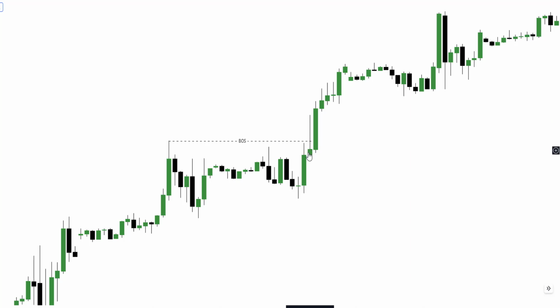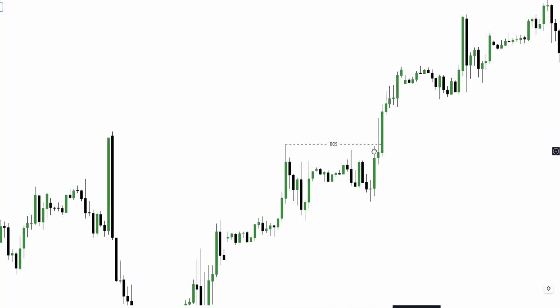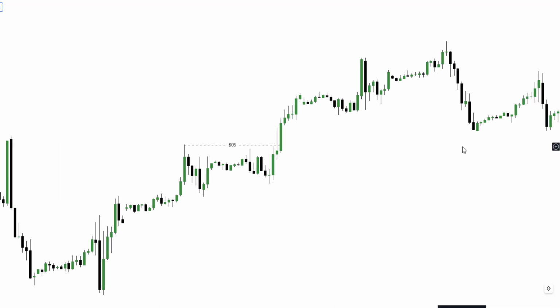The body of the candle closes below the line, and this was not where the break of structure happened. The break of structure officially happened when price closed outside the line with the body of the candle, not the wick, with the body of the candle. So please take note of that, because it is important you get that.